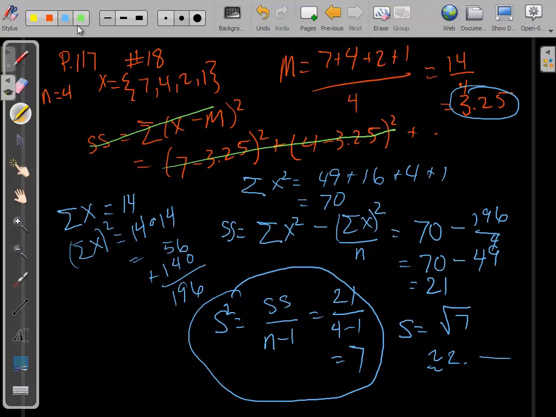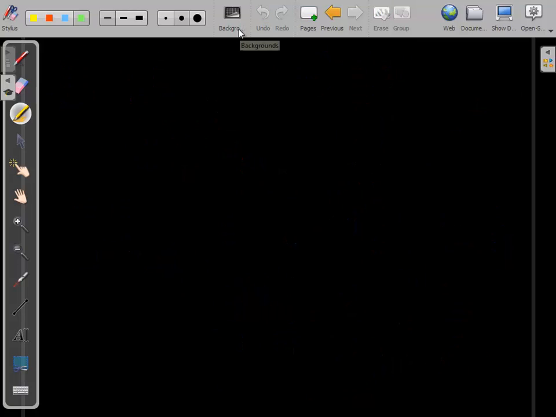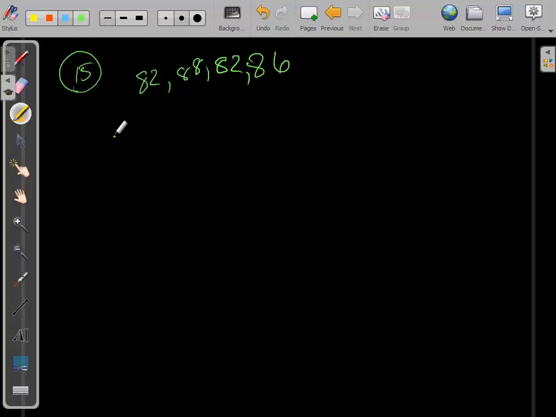There are a few items that we cover, let's say in number 15 or 16, where we actually transform the data. Just a real quick overview of number 15: if we had scores 82, 88, 82, and 86, we don't have to carry the 80s. We can subtract 80 from everything and look at 2, 8, 2, and 6.